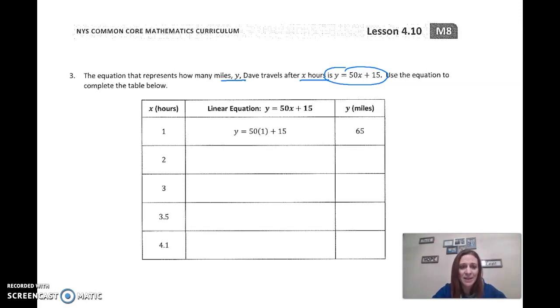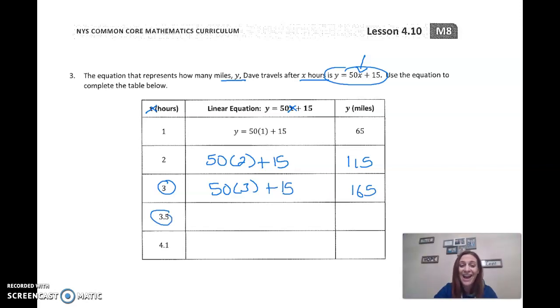So all we're going to do is take this number x and plug it in every time. So 50 times 2 plus 15 is 115. 50 times 2 is 100 plus 15. I'm going to go through this quickly, but you can just type this into a calculator. My x is 3. 50 times 3 plus 15 works out to be 165.